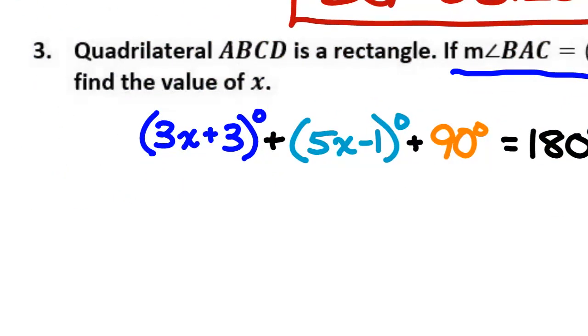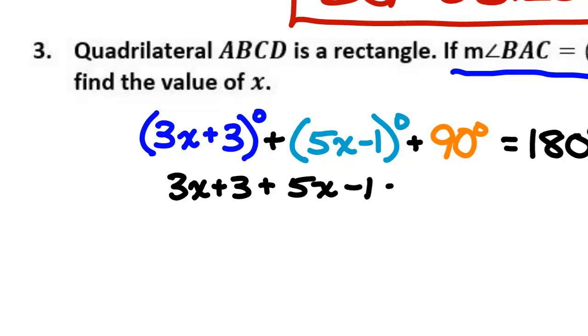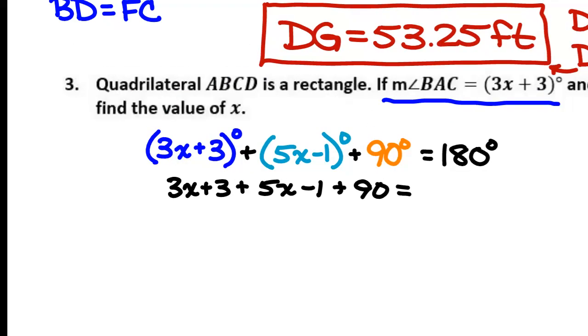We're not distributing anything to the parentheses. We're just adding pieces together, so we can rewrite this without the parentheses in place. 3x plus 3 plus 5x minus 1 plus 90 equals 180. And now on the left-hand side, we have to collect all of our like terms together. How many x's do we have?